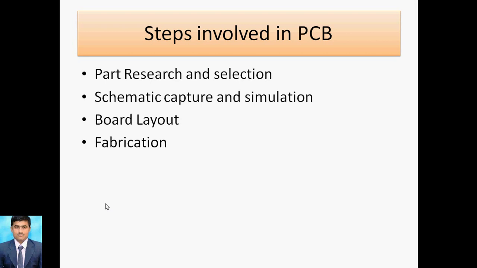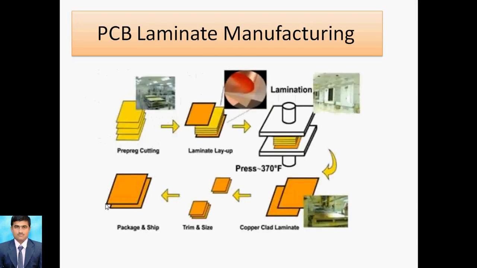So there are different fabrication methods available to us. First we will discuss the PCB laminated manufacturing. In that, we know that the prepreg cutting is there. After that comes lamination of the layers, and after lamination it is pressed up to 370 degrees Fahrenheit.